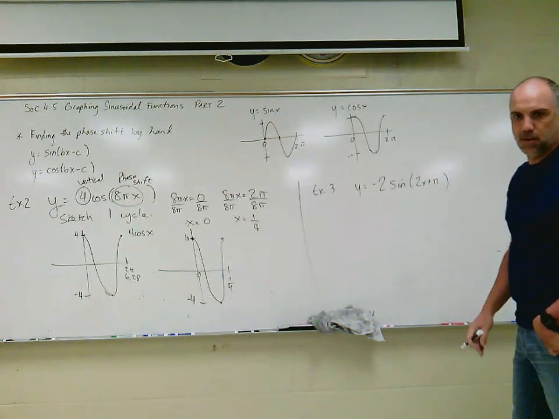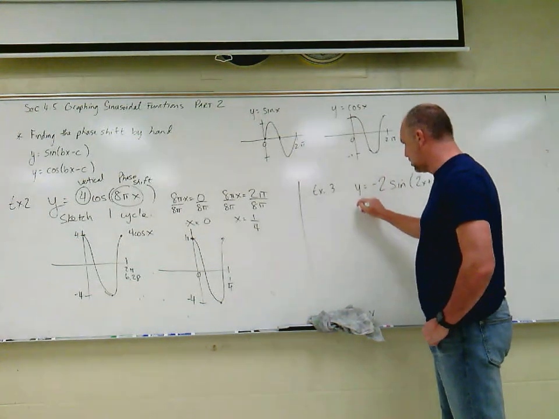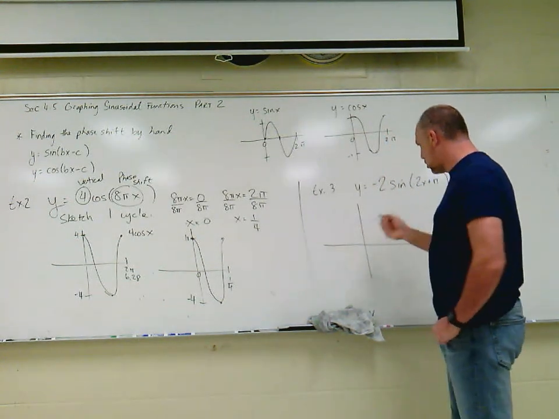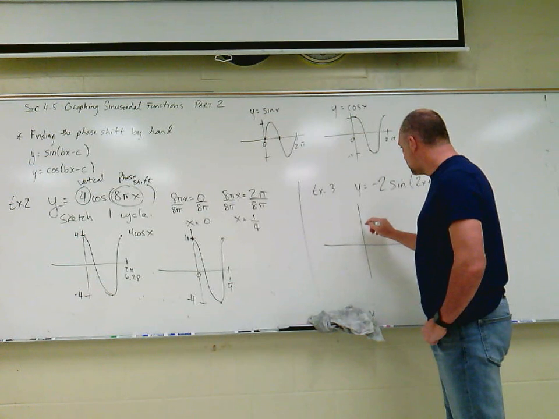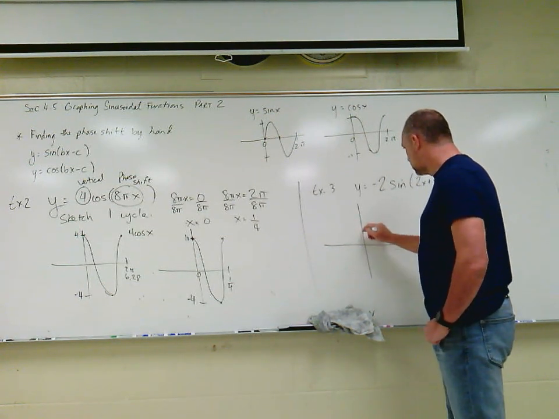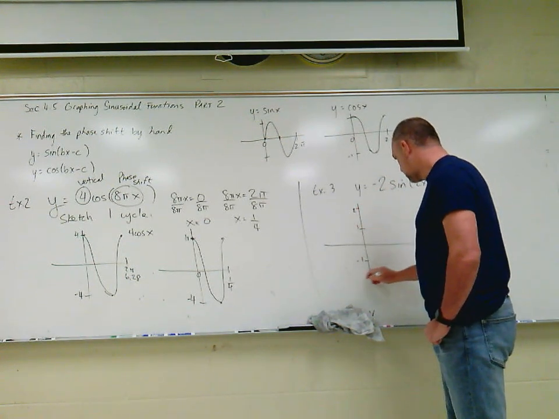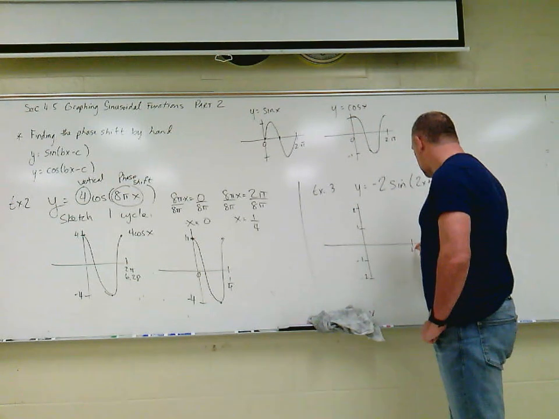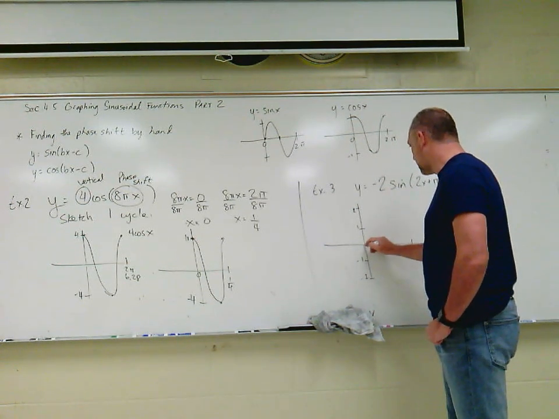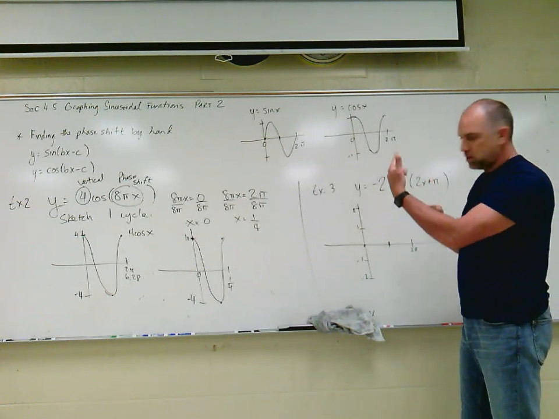Okay. Here you go. So the -2, what's that going to do? Well, you can draw it, right? But we know the original graph goes up to 1 and down to -1, and we go to 2 pi, right? So the 2 would stretch it, and then negative is going to flip it.